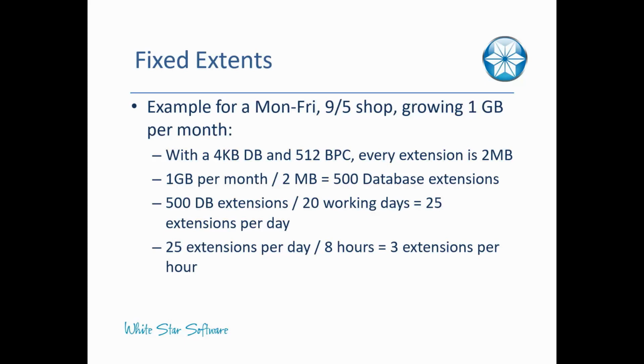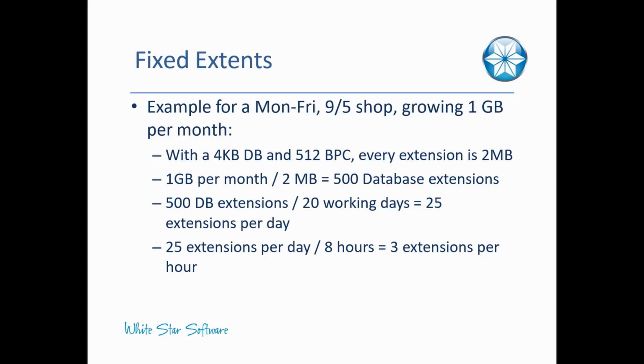Let me give you an example. Picture a Monday to Friday, 9 to 5 shop, growing their database about 1 gig per month. On a standard 4K database with 512 blocks per cluster, every time it needs to extend, it's about 2 megs.